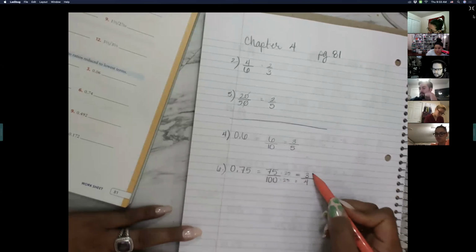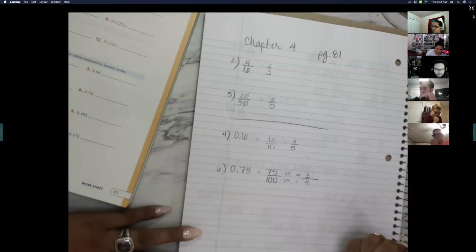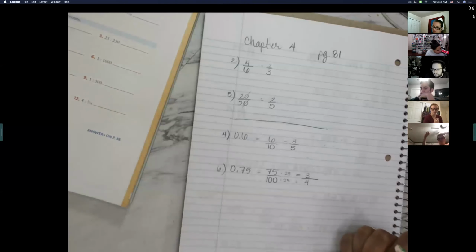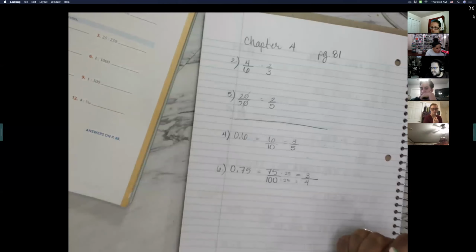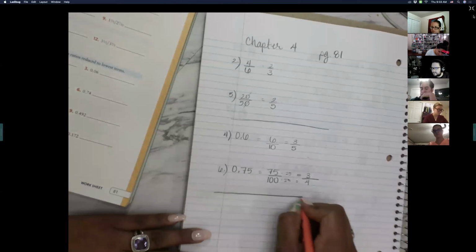So my reduced ratio is 3/4. That's the end of page 81, so let's go to page 82.